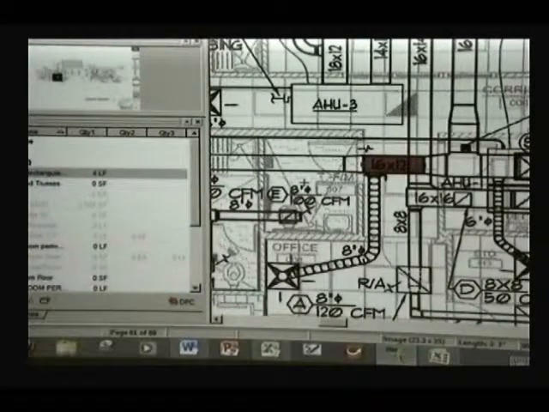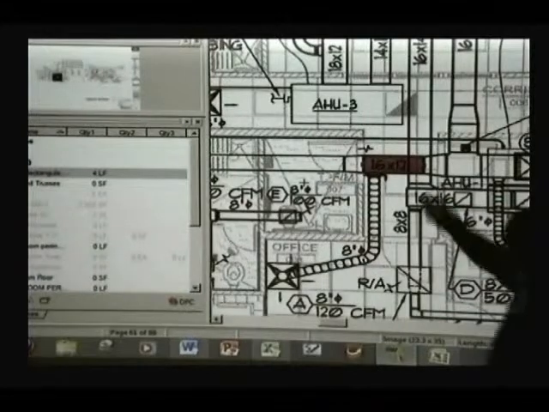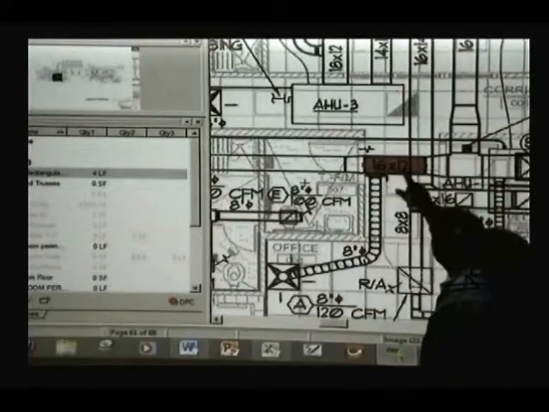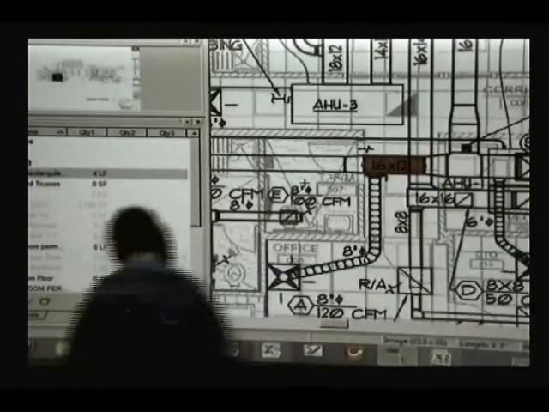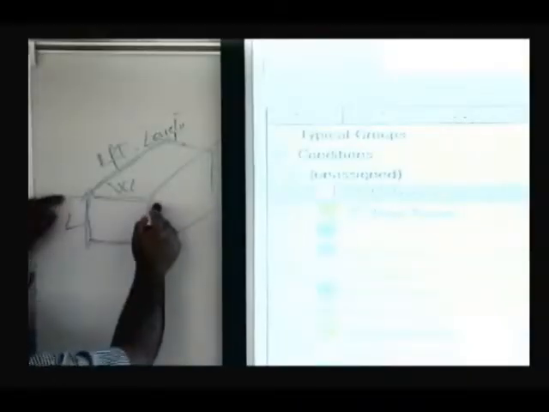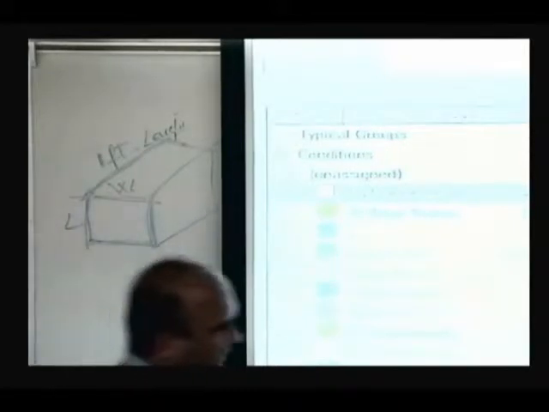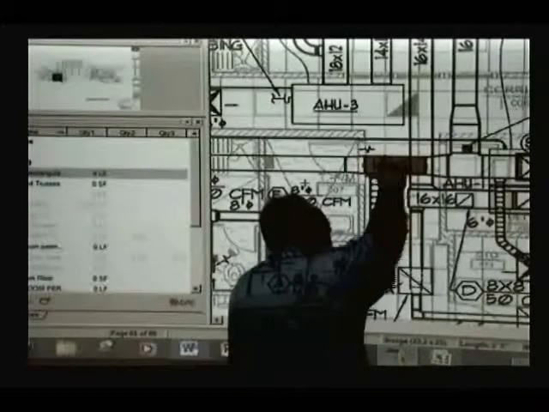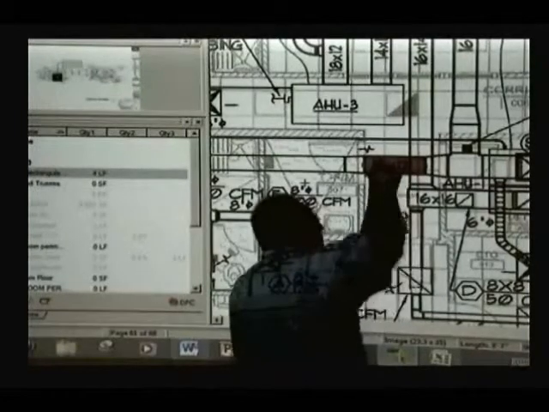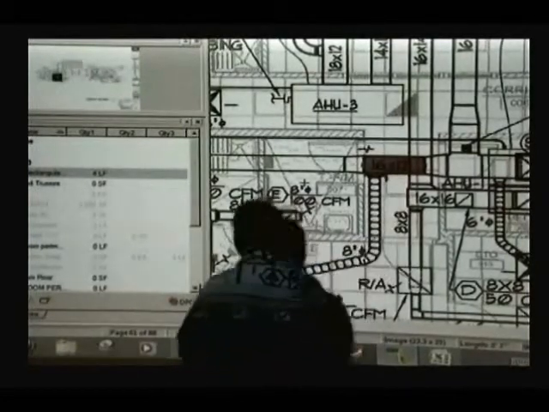Now, one thing to take into consideration, when the architect draws here and says this is 16 by 12, it means that the width of this duct is 16 inches. And that is the dimension that you can measure right here in the drawing, okay? And the height, which is perpendicular to the drawing, is 12 inches.